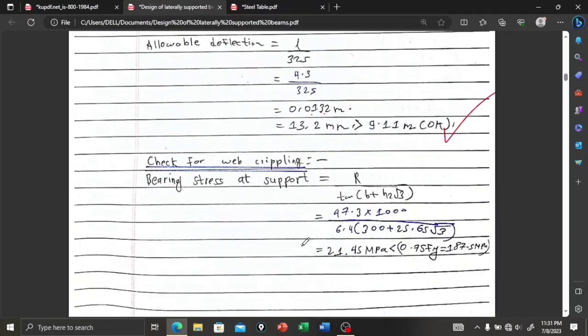For web crippling, bearing stress at support is R divided by tw. This is thickness, and length is b plus s2 root 3.